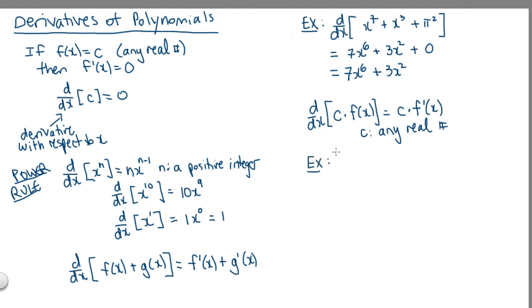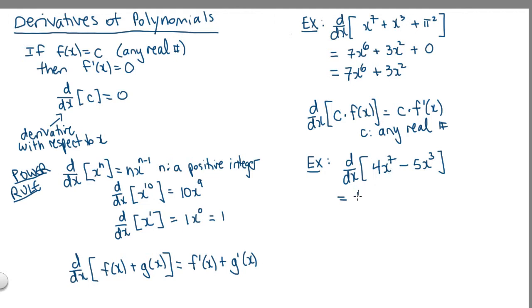So let's try a little example here. Let's say we wanted to take the derivative with respect to x of 4x to the 7 minus 5x cubed. So first rule we're going to run into is this rule that we just discussed here, because we've got 4 times something that we know how to take the derivative of.